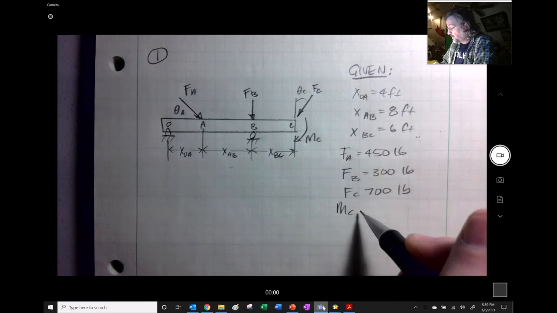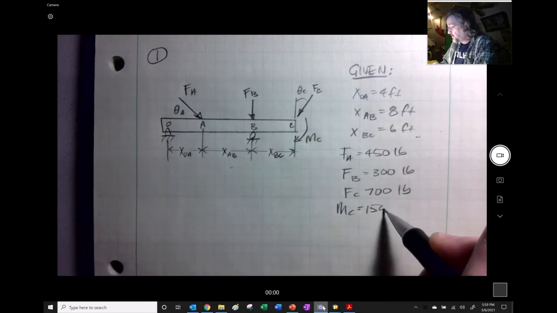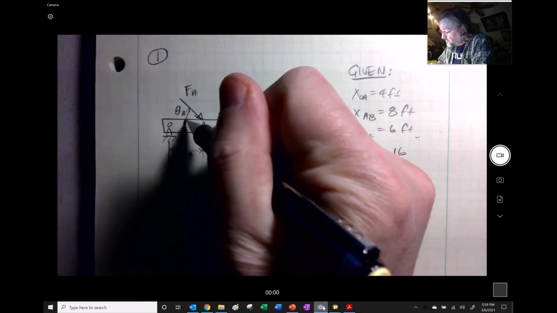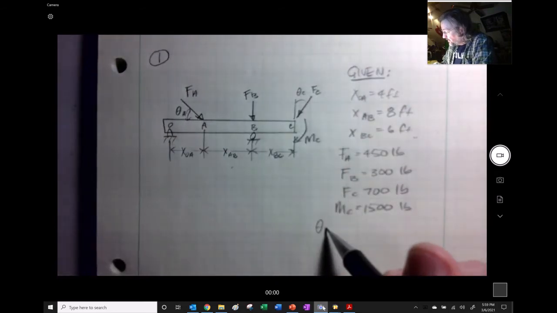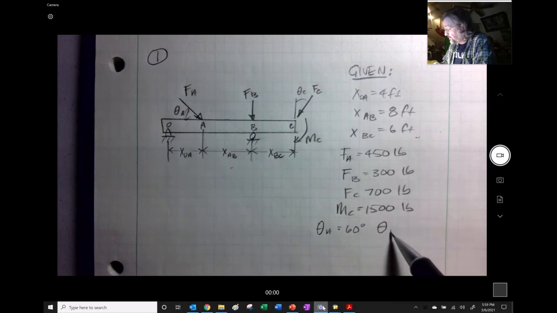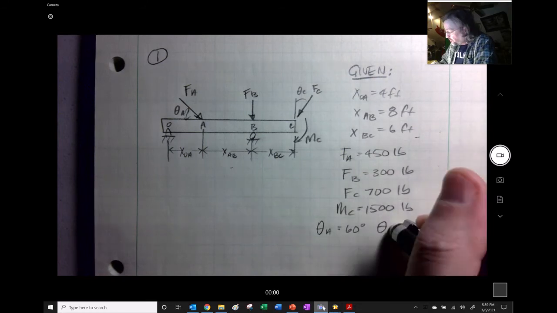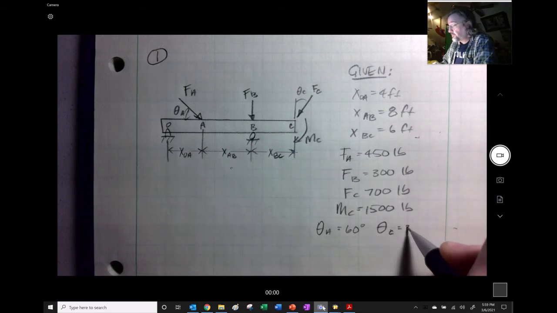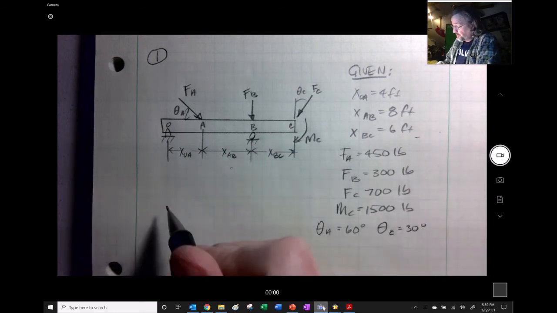There's a lot of information here. 1,500 pounds. Theta A was 60 degrees, and theta C, there's no theta B. Theta C is equal to 30 degrees.